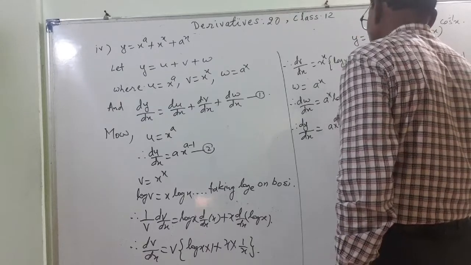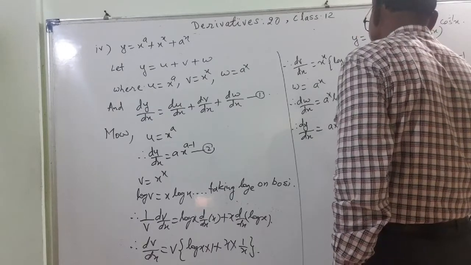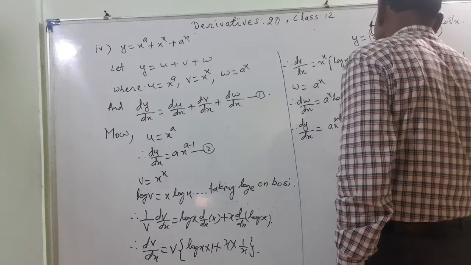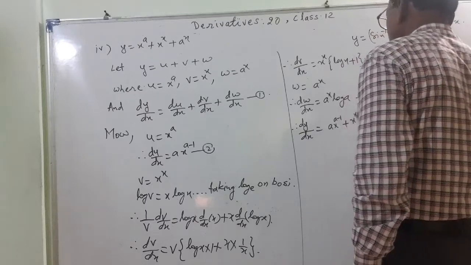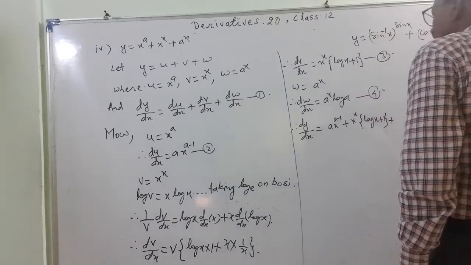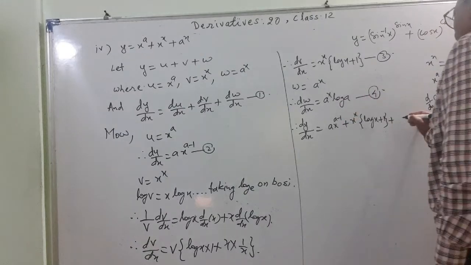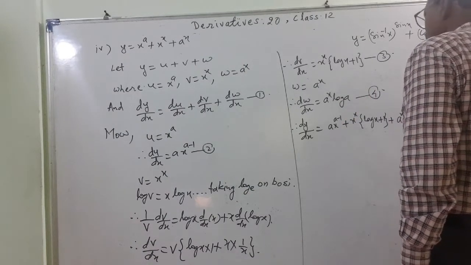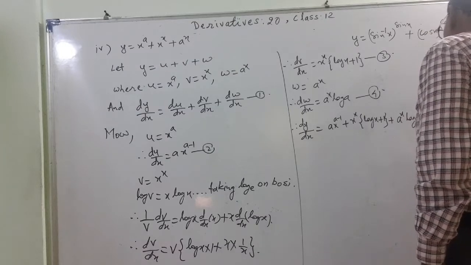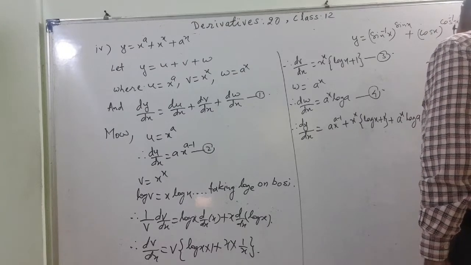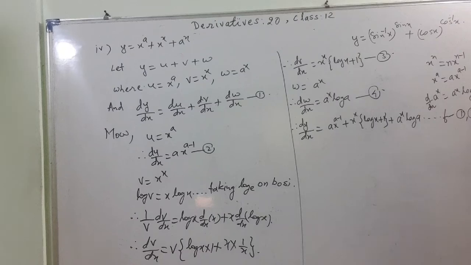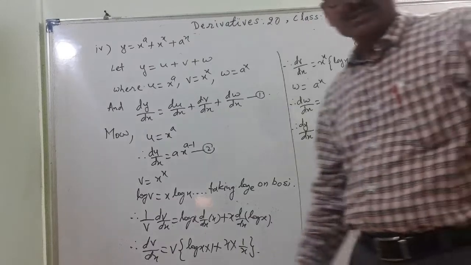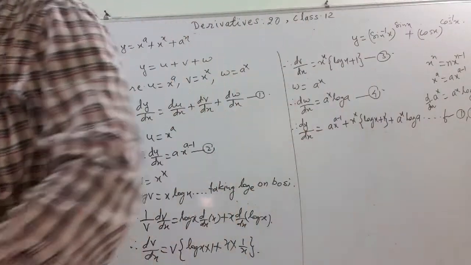X raised to x into log x plus 1, plus dw by dx is what? A raised to x into log of a. From where have you taken this? From 1, 2, 3 and 4. From this you have understood this. Hope that you have understood this sum. This is a very important sum.